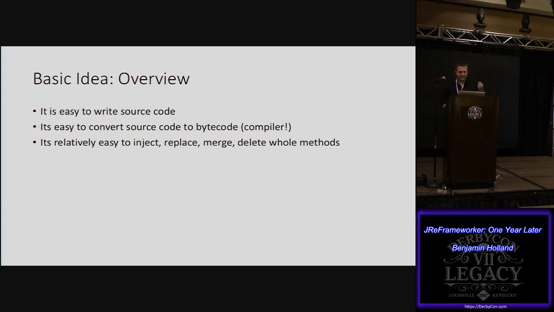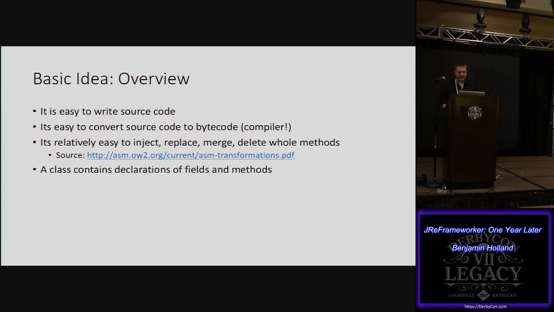It's easy to inject, replace, and merge whole methods at a time inside another compiled class file. This is a library called ASM, and it lets you do some bytecode manipulations. It's a very popular library. It's included in almost all of these as a front end to all these other tools, so Smali and all those sorts of things.